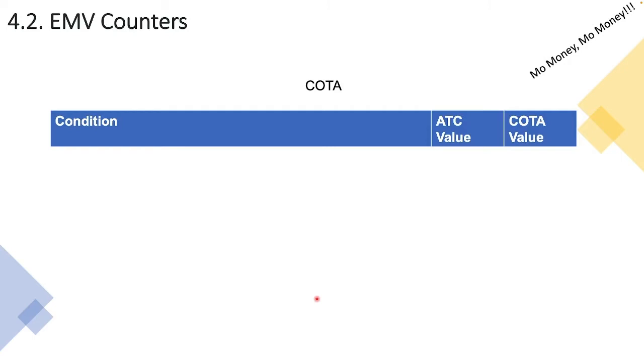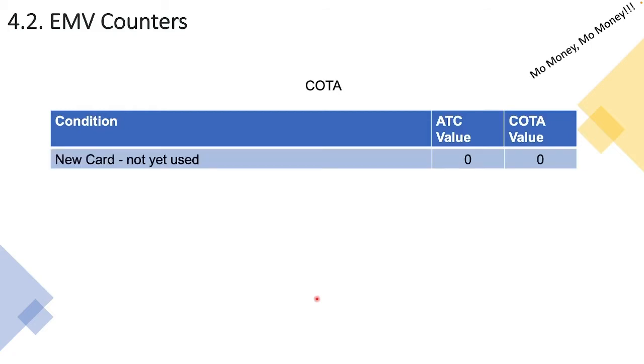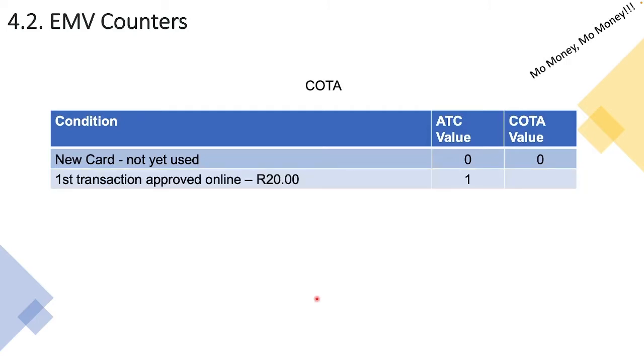Right, so let's look a bit more in detail into how COTA works. Okay, so once again, we're back to the scenario of Bob getting a brand new card. At this point in time, the ATC value is 0 and the COTA value is also 0. His first transaction was approved online. Okay, so remember, the cumulative offline transaction amount counter counts the value in the card's currency for consecutive transactions approved offline.